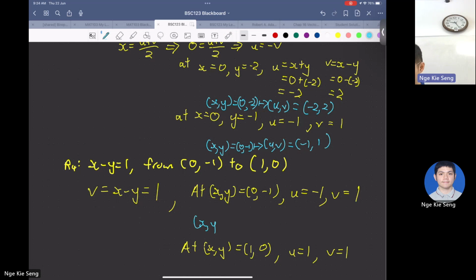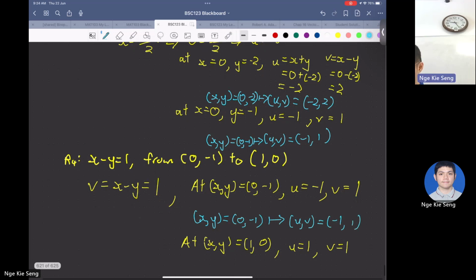So we can write everything out: this point gets sent to a new point, (minus 1, 1), and the other one gets sent to a new point, (1, 1).